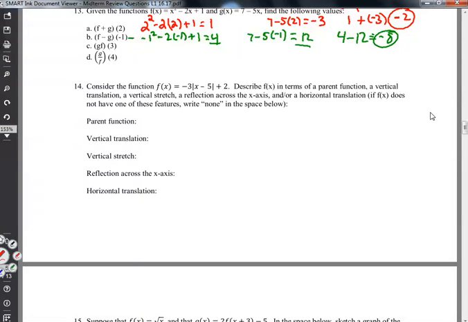So the parent function here, again, this is an absolute value function, so the parent function would just be f of x equals the absolute value of x. The vertical translation, again, is with outside, so that up 2. The vertical stretch would be with it being multiplied by, so that would be stretched by a factor of 3.